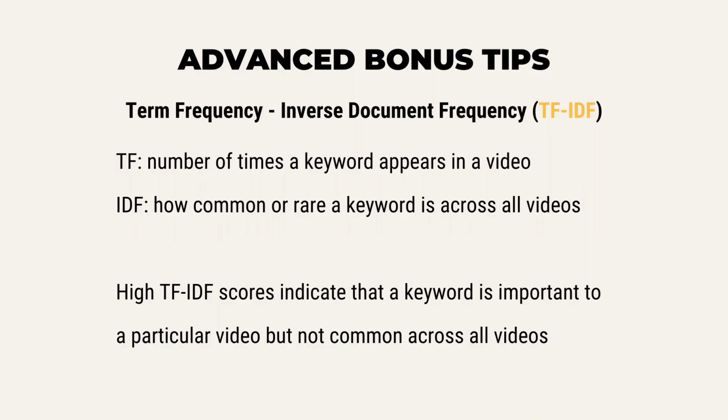And it basically means that you have the number of times a keyword appears in a video, which is the term frequency, and then how common or rare a keyword is across all the videos, all of your videos. And so basically this means that a high TF-IDF score indicates that a keyword is important to a particular video, but not common across all videos. And this kind of information is something that you can use to your advantage, right? And you have the data to do all of this and to create these calculations within Make and Airtable.